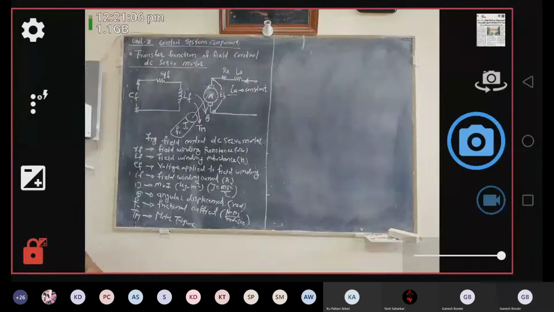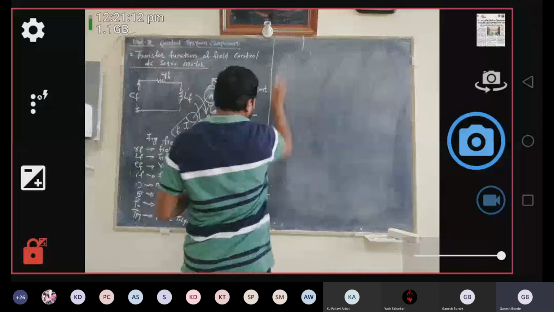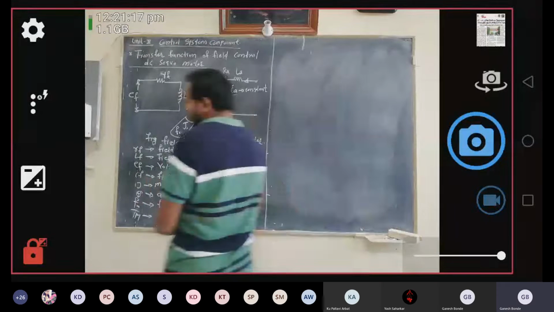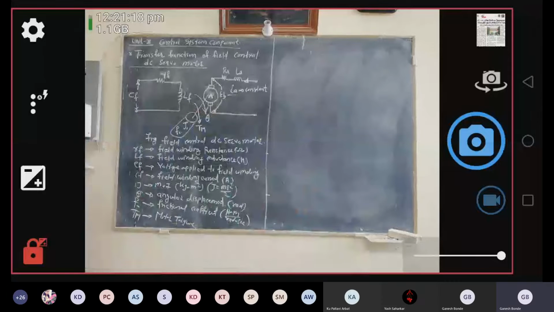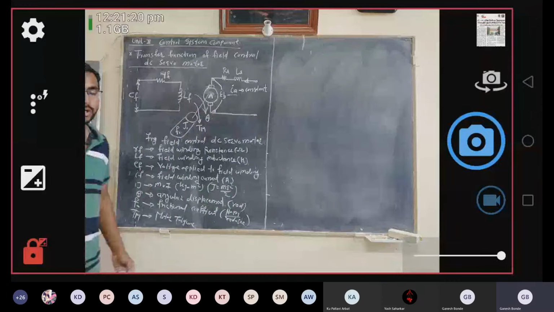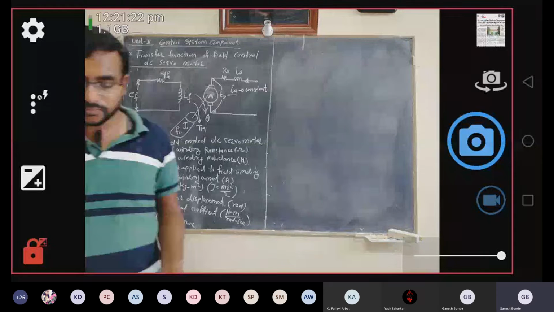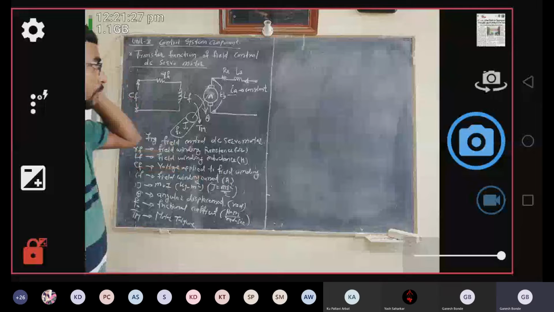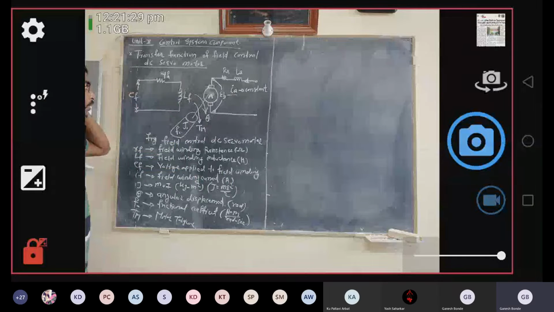Then what will be your next step? Now we actually start with the derivation. We always start the derivation with the torque equation of the DC motor. You just go through the concept of the field control DC servo motor.